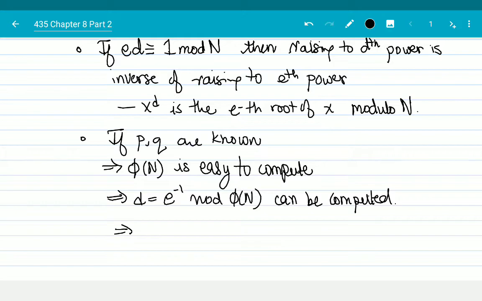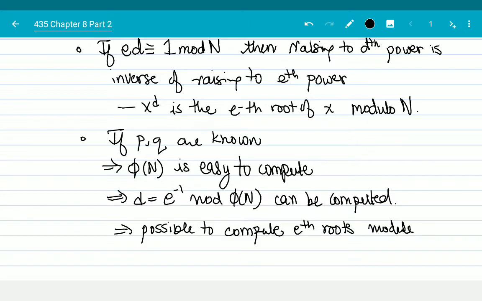So that means it is possible to compute eth roots modulo n.